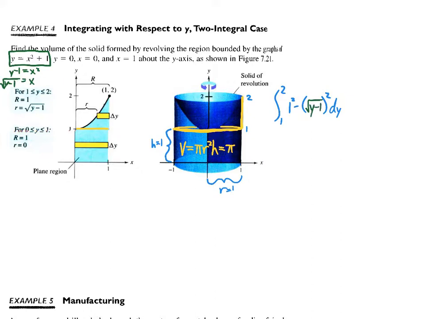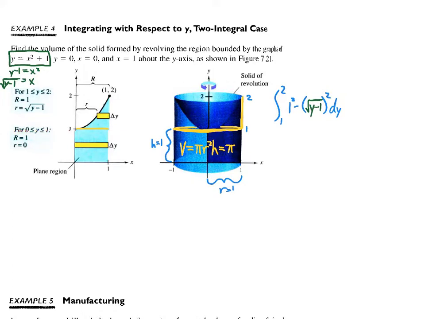Mr. Rosen, so like the two functions are both in terms of x? How do you know when it is or not? When you're integrating with respect to y, you have to be integrating functions that are in terms of y. So it has to be x equals something.